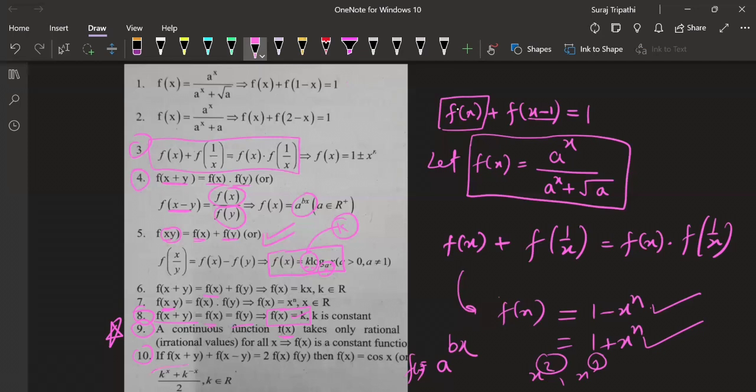So if f of x plus y plus f of x minus y equals 2 times f of x into f of y, then the function will be either f of x equals cos x, or some constant raised to x plus some constant raised to minus x divided by 2, for real k. These properties are very, very important. Okay, so by using these properties, you can recall this one.